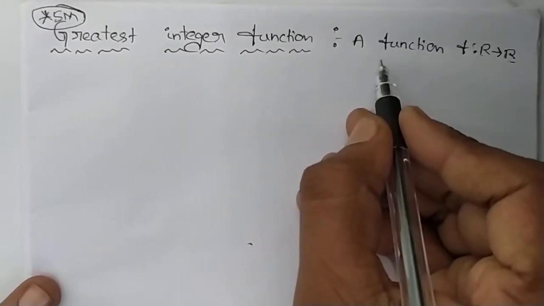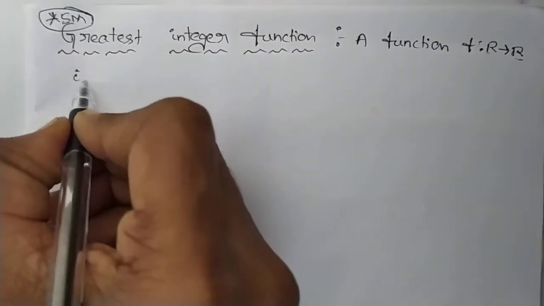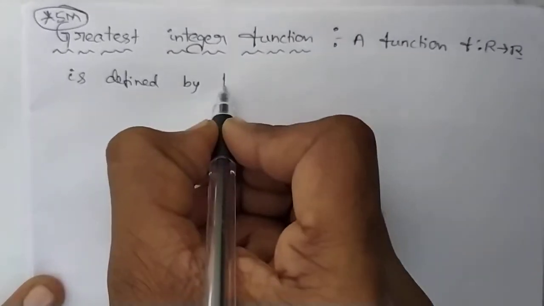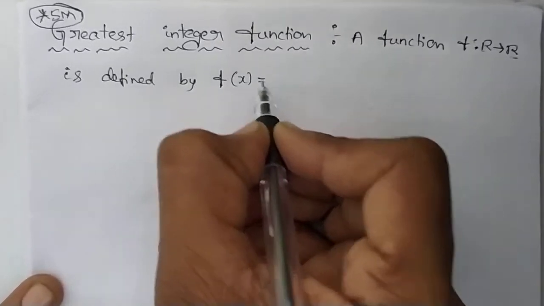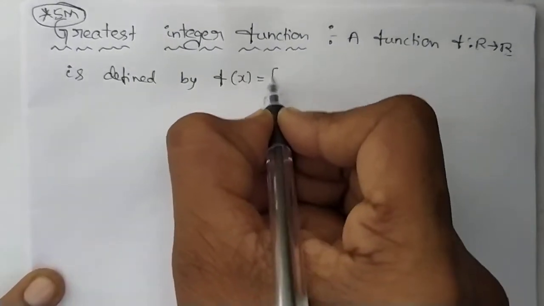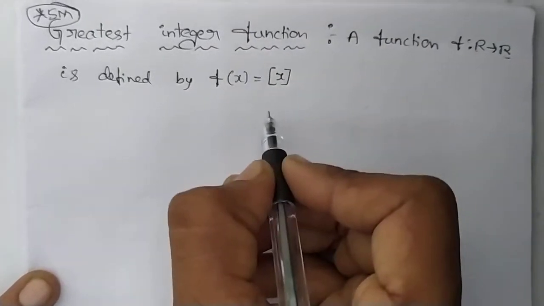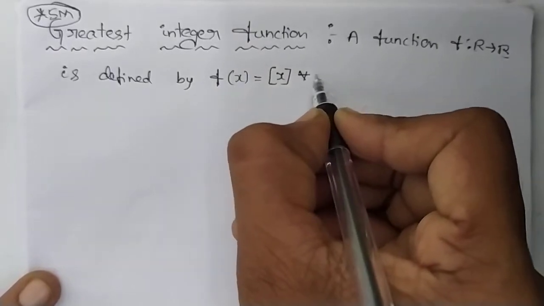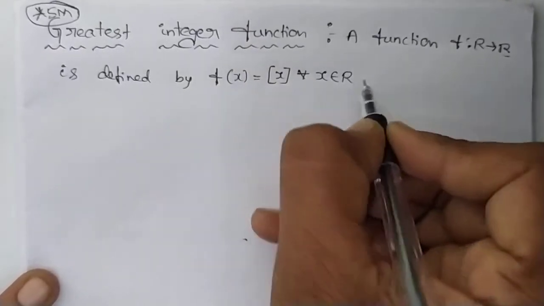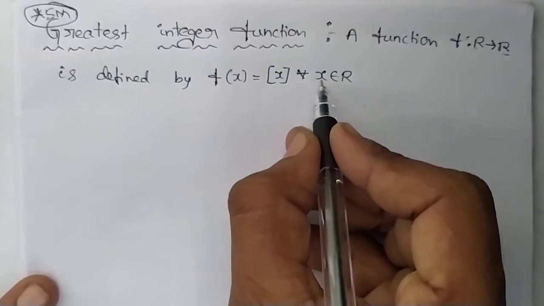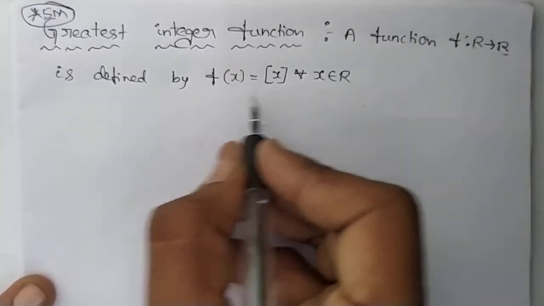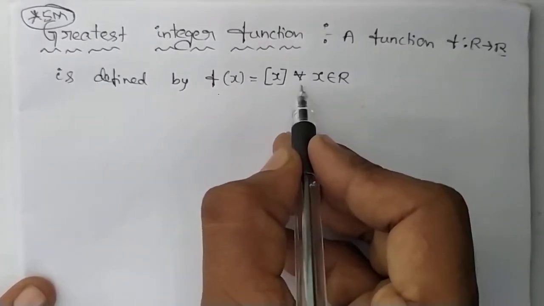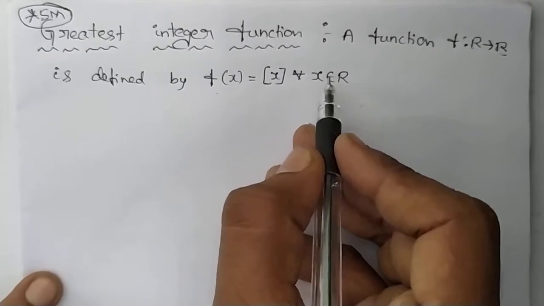A function f from R to R is defined by f of x equals step x, for all x belongs to R. The values of x must be real numbers.